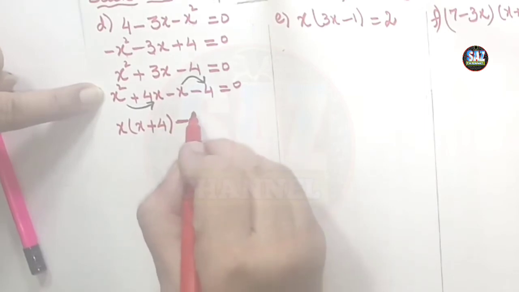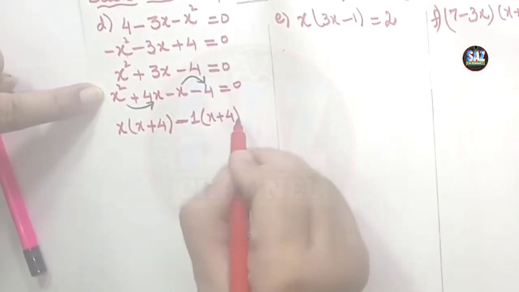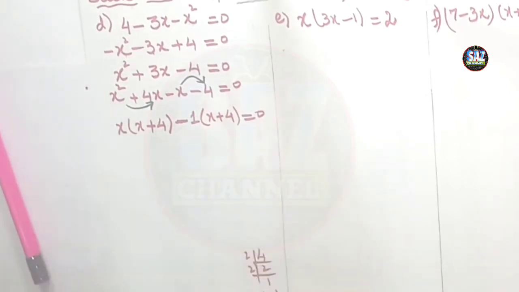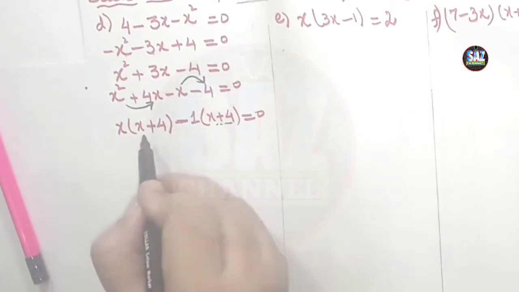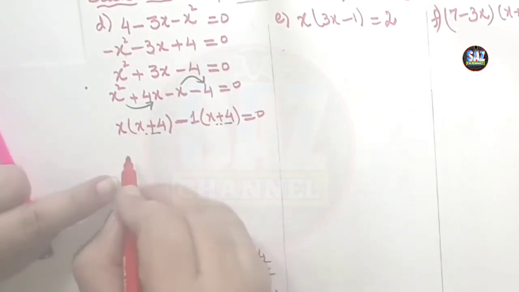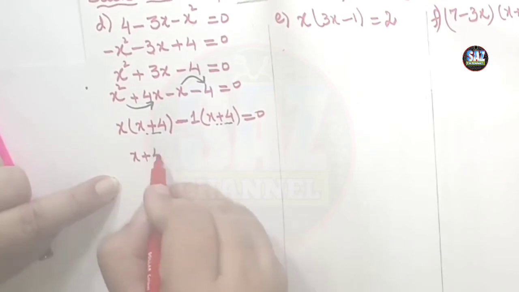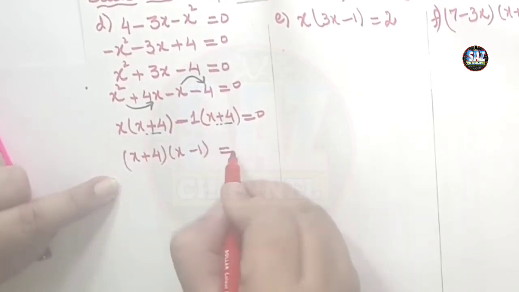So extract minus 1 out, and x plus 4 equals to 0. Now look carefully. This x plus 4 is the common group. Extract it out. x plus 4 into x minus 1 equals to 0.